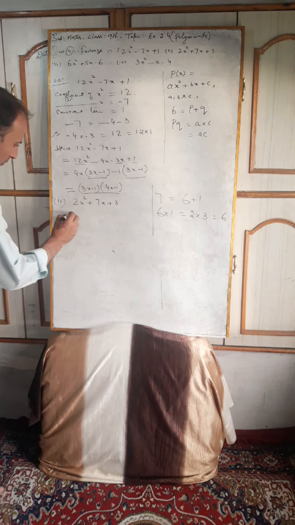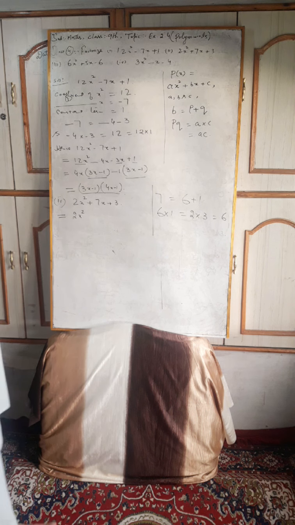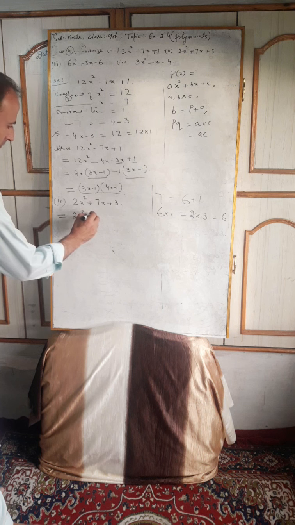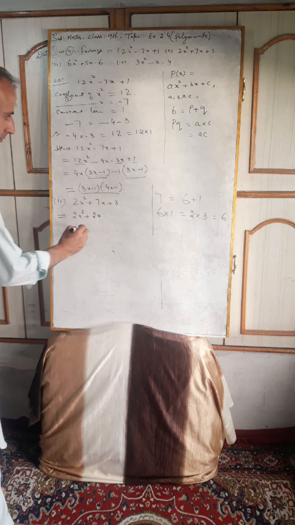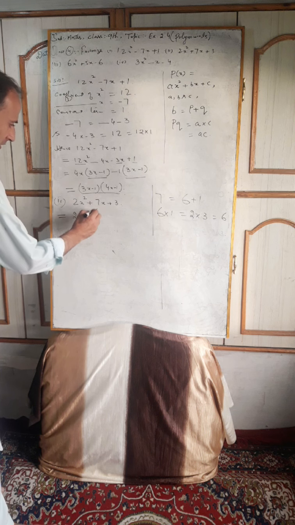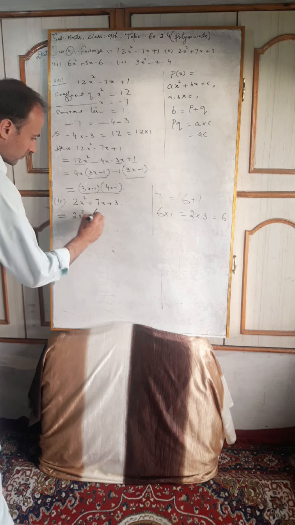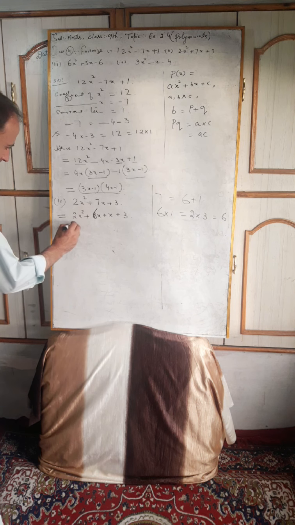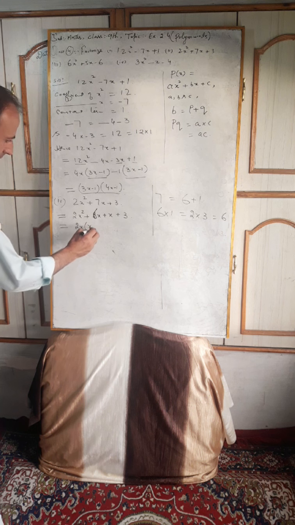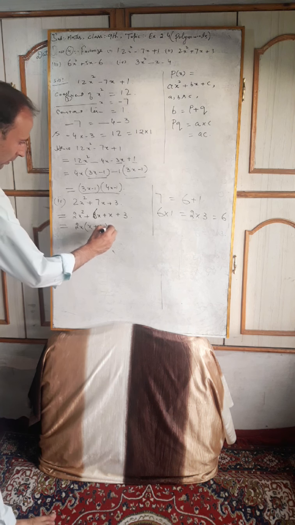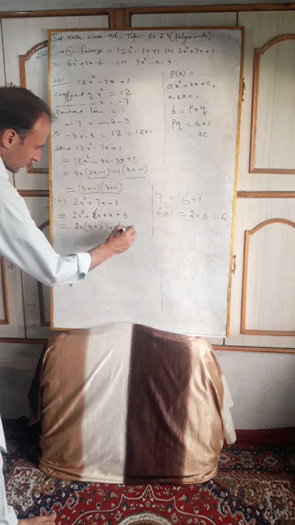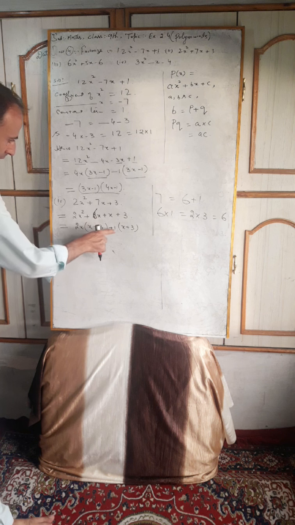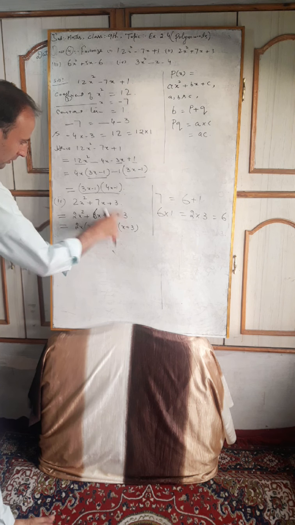Hence it is equal to 2x square plus 6x plus x plus 3, and it will be equal to 2x into x plus 3 plus 1 into x plus 3, because 2x into x is 2x square, 2x into 3 is 6x, and 1 into x is x, and 1 into 3 is plus 3.